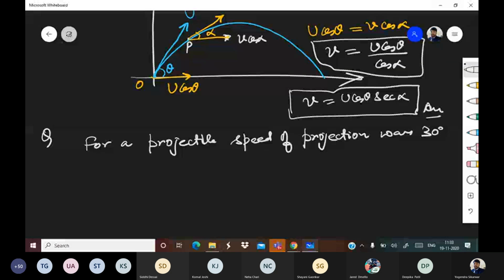If the angle made by the particle is 37 degree, find number 1, T, number 2, H max, number 3, R. Please calculate quickly.